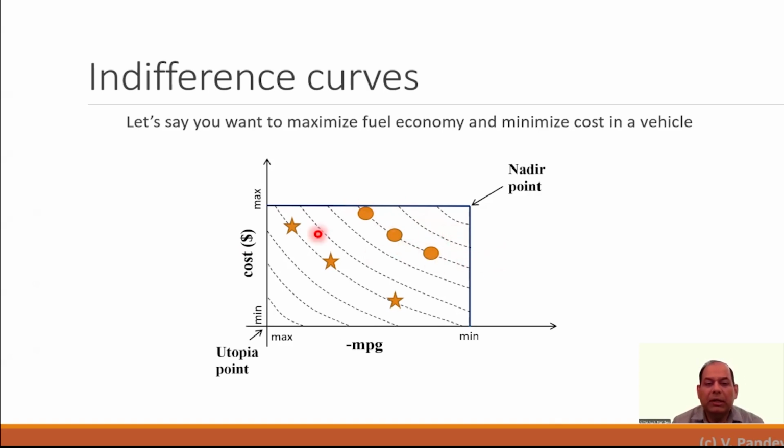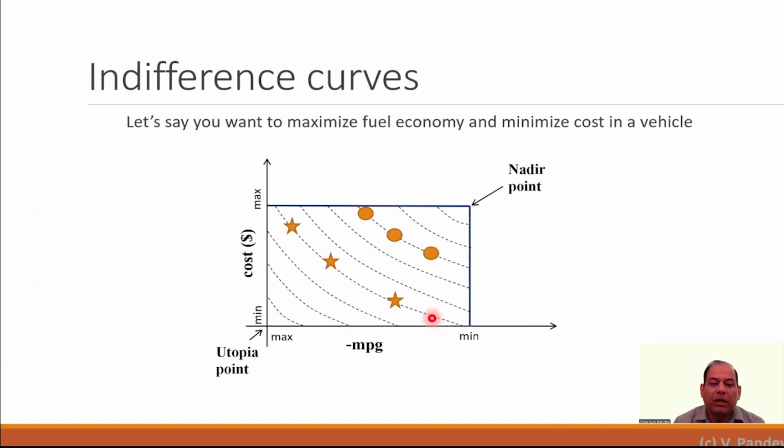So here we have a few examples of indifference curves. Of course, they're all over the place. We drew some discrete examples. So here, on this curve, we have 3 options we can look at, and the decision maker is indifferent between these 3.